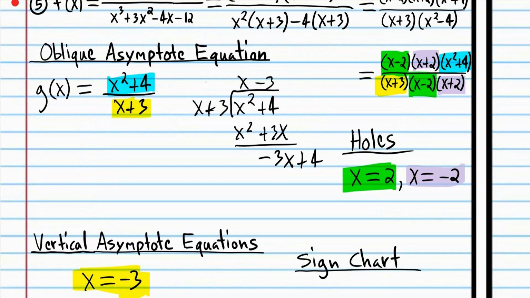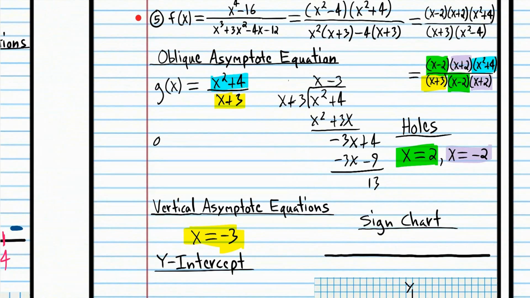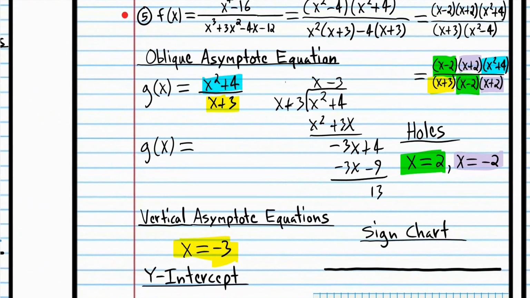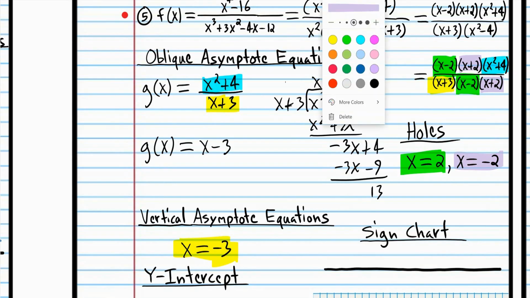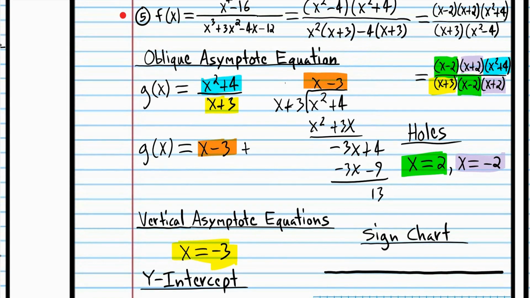Looks like we're going to get x minus 3, and our remainder is 13, so we can rewrite that reduced form of the expression as x minus 3 plus 13 over x plus 3.